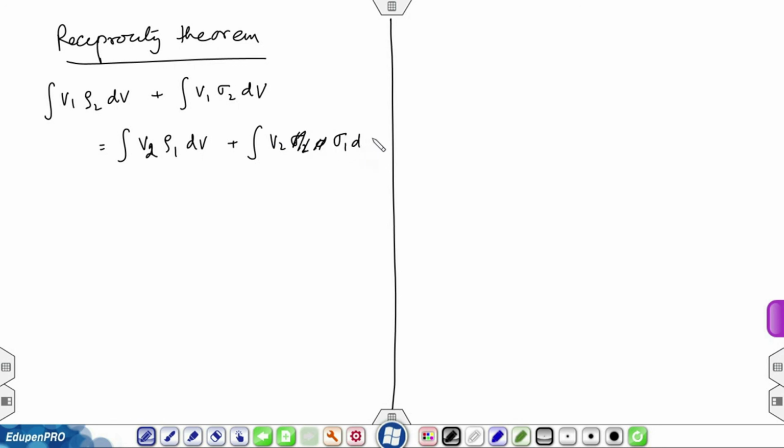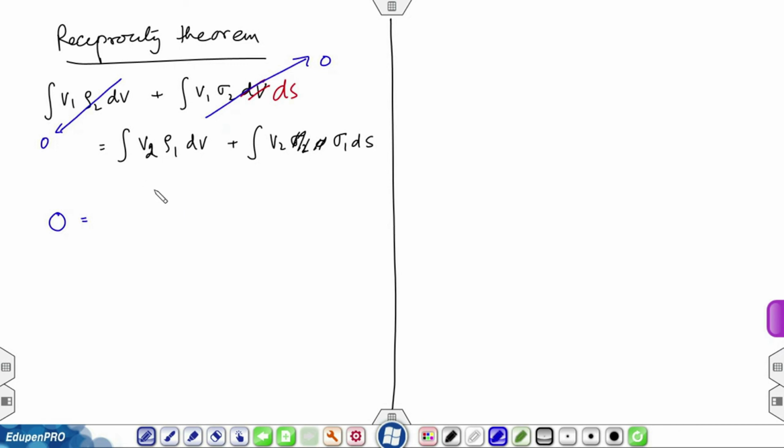Now, V1 on the surface is 0, and therefore, this term is 0. Rho 2 is 0, therefore, this term is 0. So, I get 0 equals, rho 1 is q delta at x.